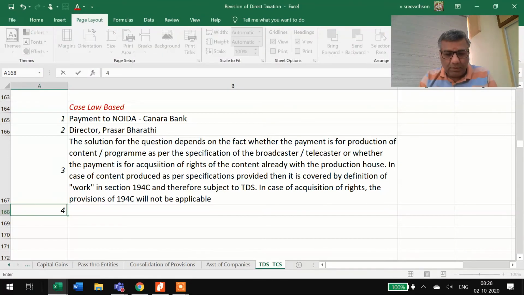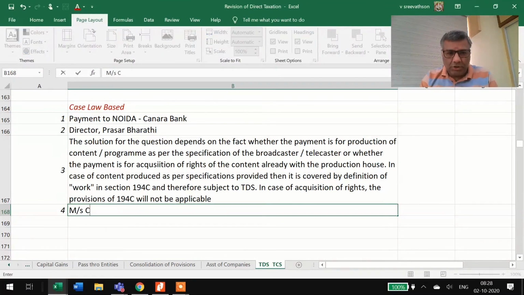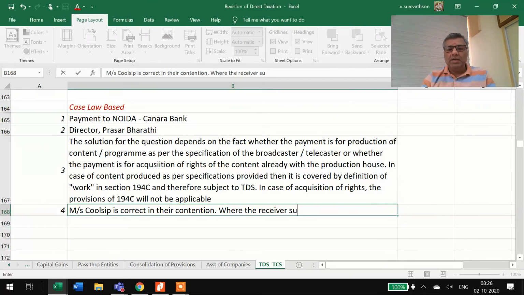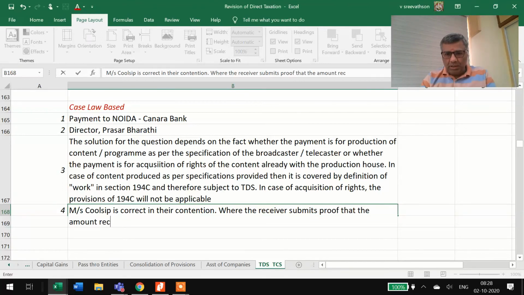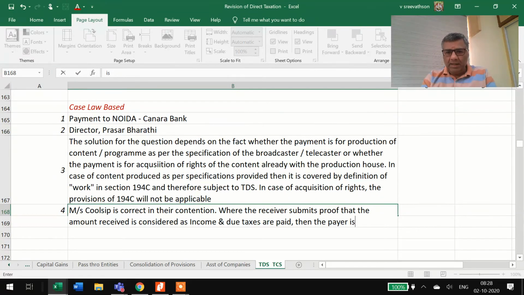Question number 4. Messrs. Coalship is correct in their contention. Where the receiver submits proof that the amount received is considered as income and due taxes are paid, then the payer is not liable to deduct tax on further payments.